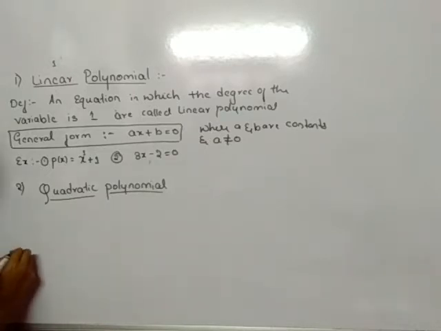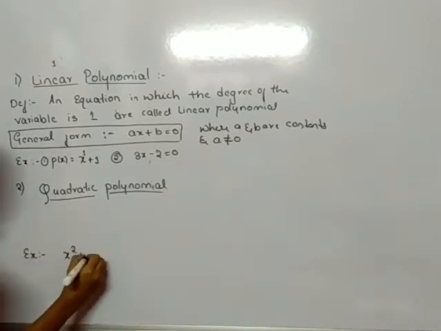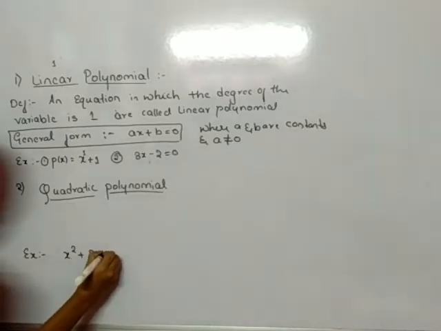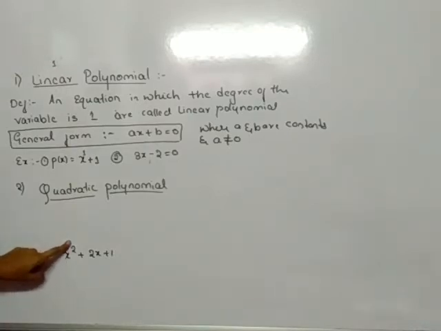So we'll see examples for quadratic polynomials. x squared plus 2x plus 1, isn't it? We can see here the degree of the variable is 2. Yes or no? So such a polynomial is called a quadratic polynomial.